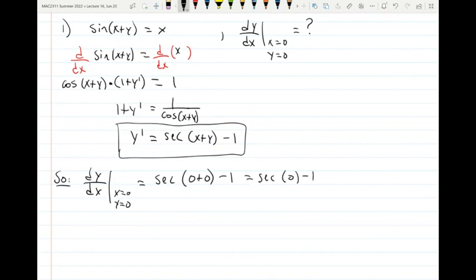So that's secant of 0 minus 1. What's secant of 0? Remember, secant is 1 over cosine. So what's cosine of 0? 1. So secant of 0 is 1 over 1, so it's just 1. So 1 minus 1 is 0.